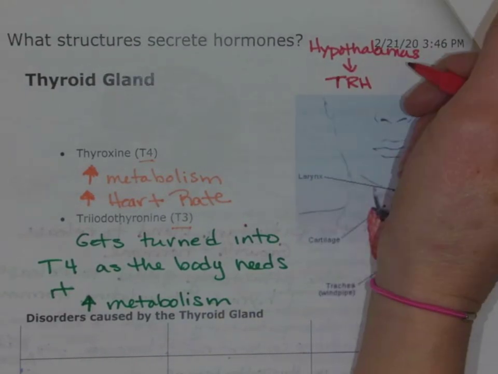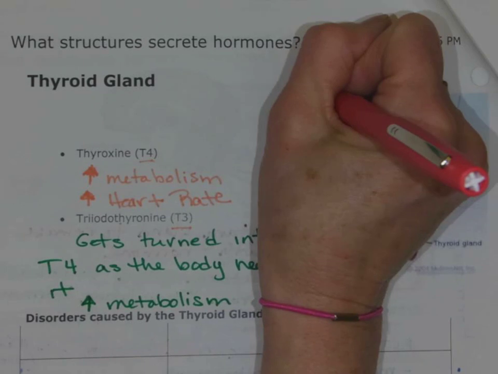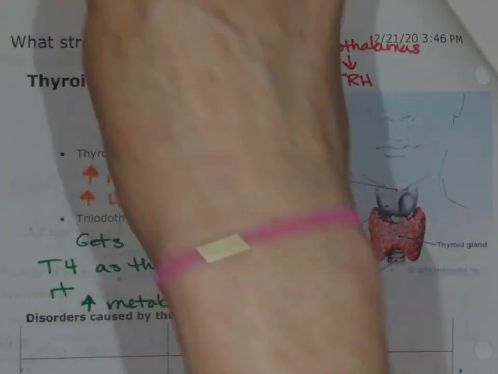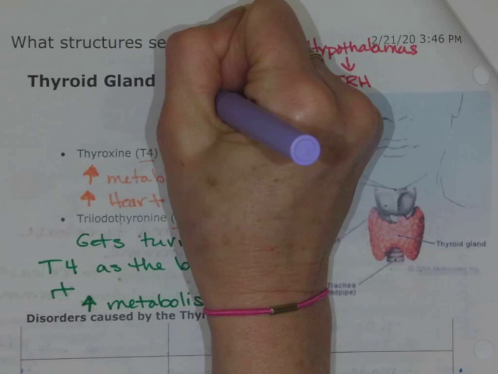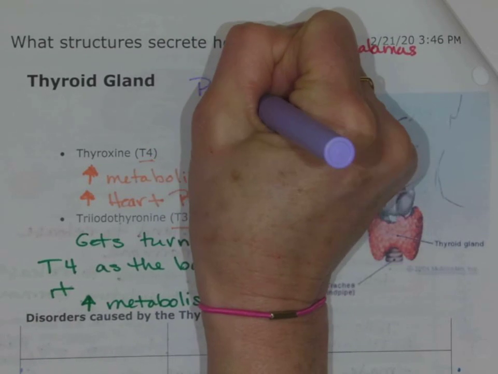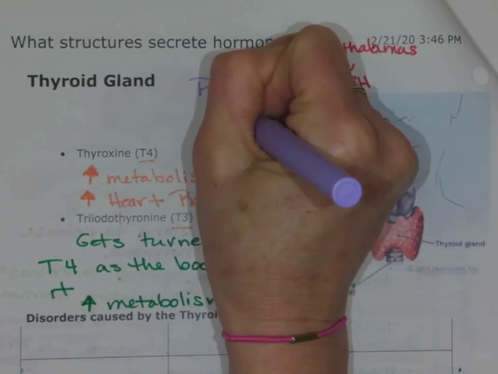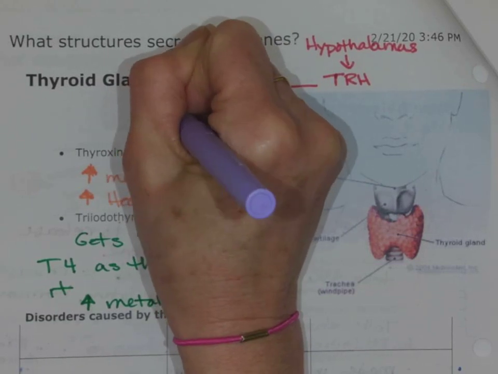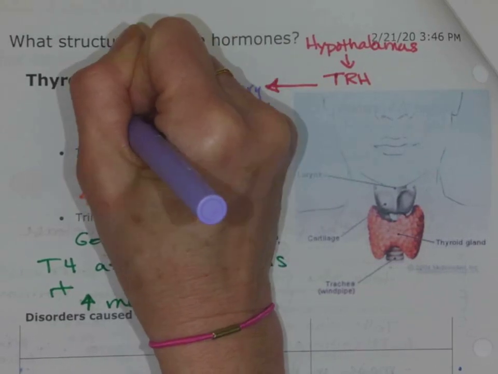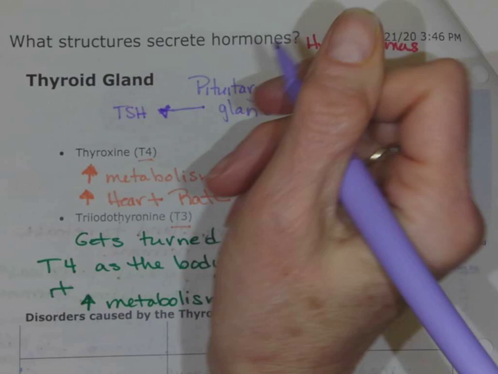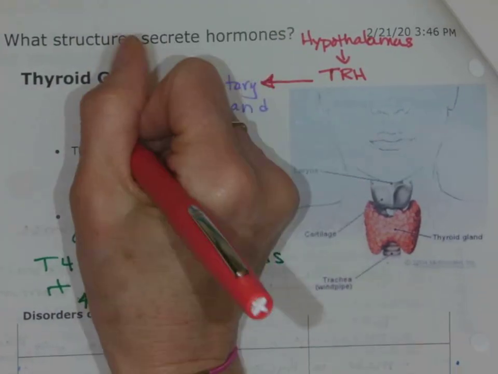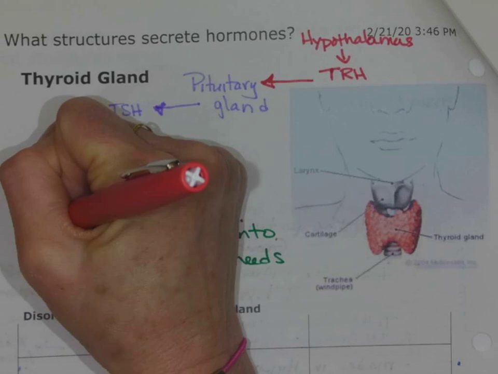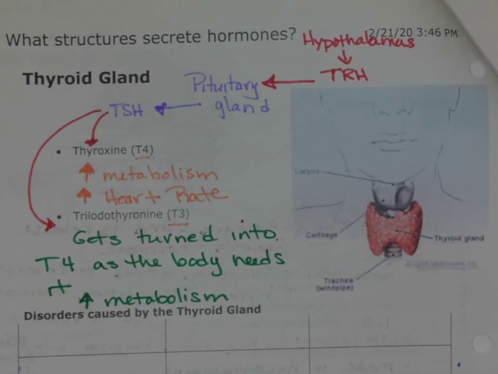And that TRH is going to hit the pituitary gland, which is then going to release TSH, thyroid stimulating hormone. And then that is going to stimulate the production of T3 and T4, or T4 and T3, depending on which way you're looking at this sheet.